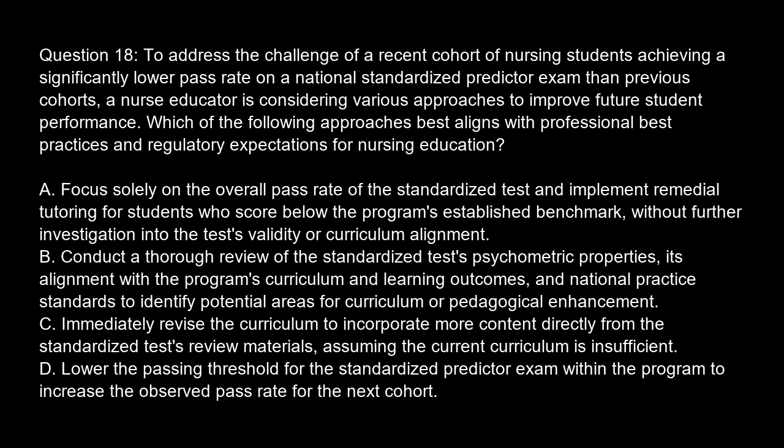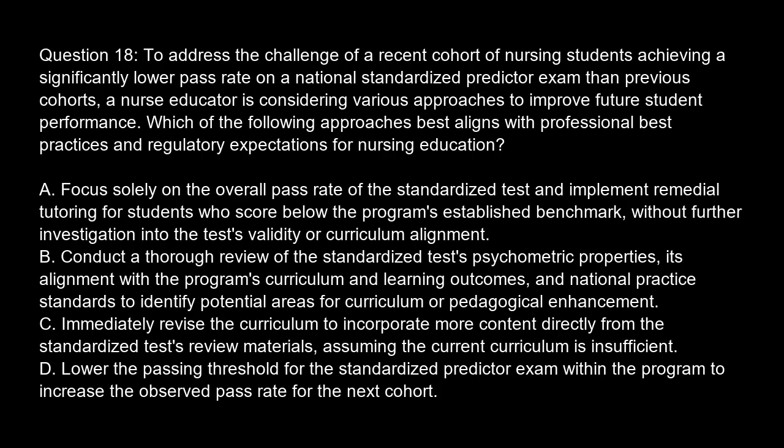Option A. Focus solely on the overall pass rate of the standardized test and implement remedial tutoring for students who score below the program's established benchmark, without further investigation into the test's validity or curriculum alignment. Option B. Conduct a thorough review of the standardized test's psychometric properties, its alignment with the program's curriculum and learning outcomes, and national practice standards to identify potential areas for curriculum or pedagogical enhancement.